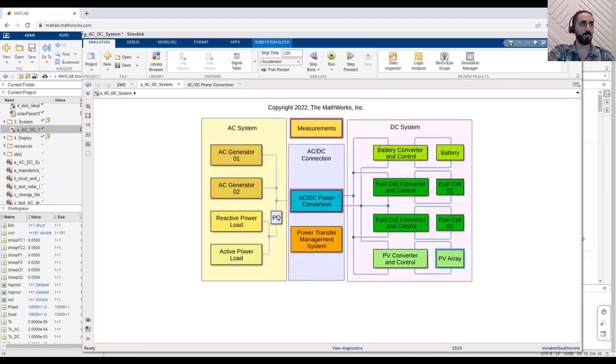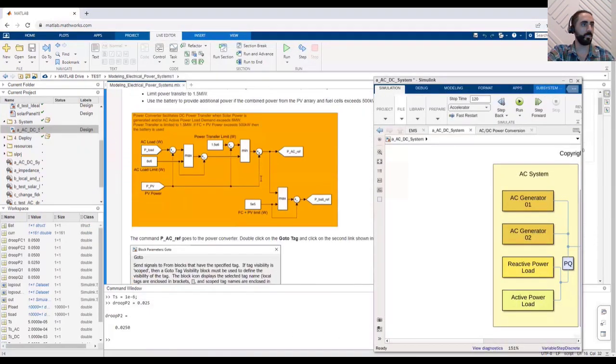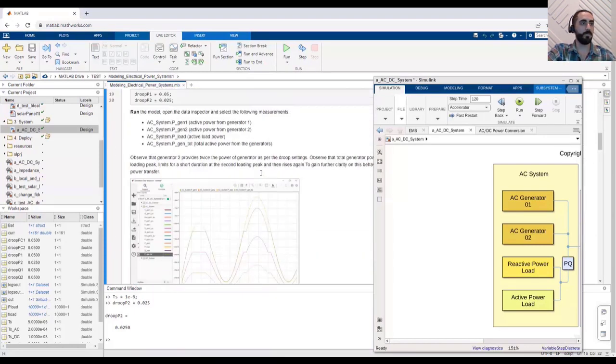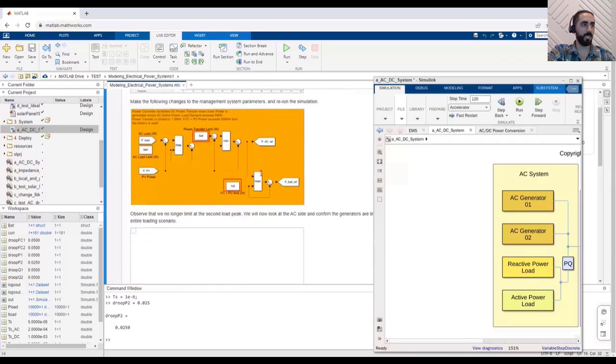But before doing that, let me go back to the live script in here. Let me close this data inspector. I'm going to scroll down to the values that we want to change. In here, the combined power from fuel cell and PV, we need to change to 1 megawatt.